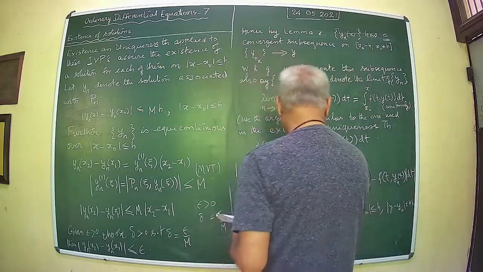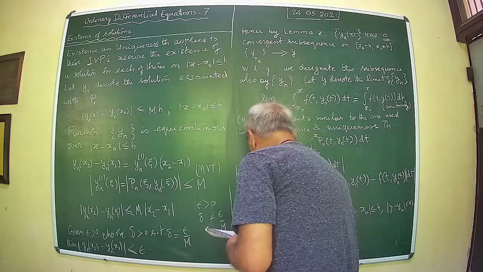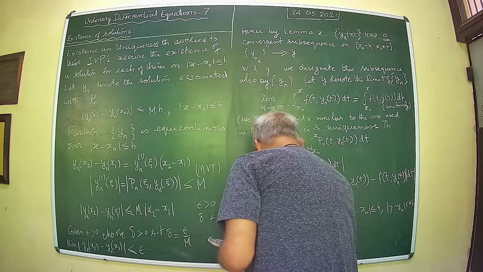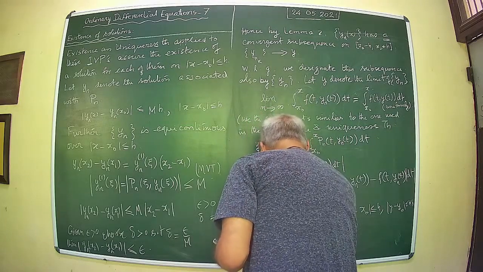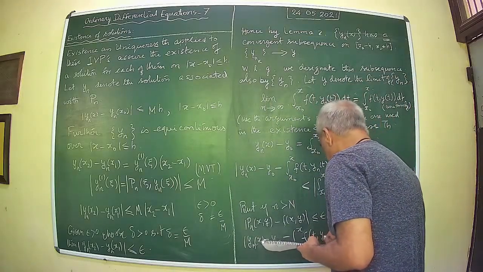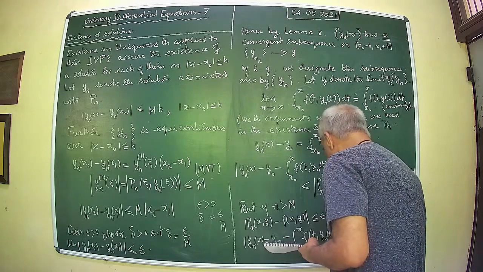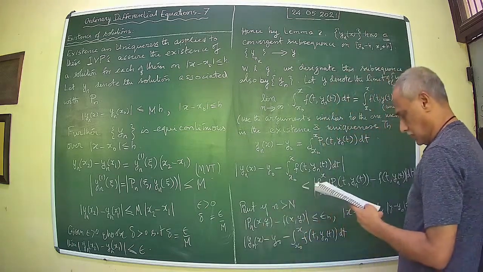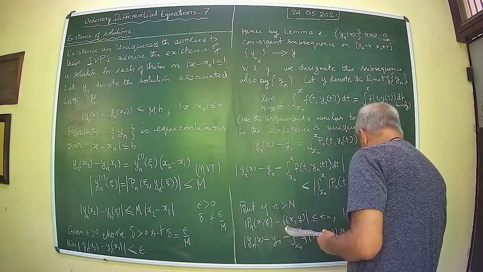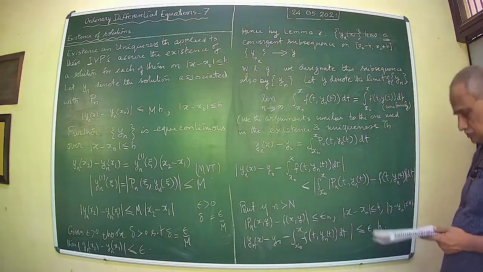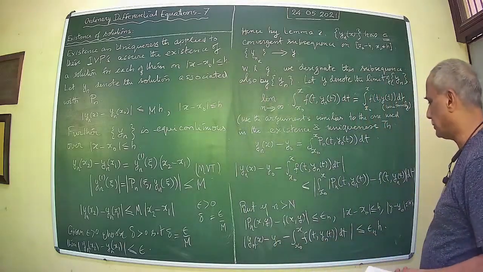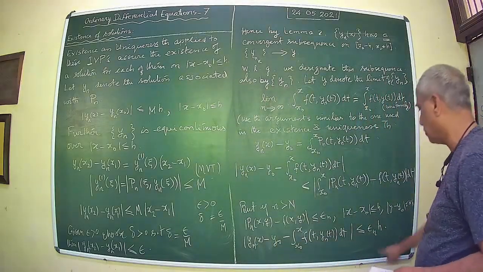Therefore, you see that this is less than or equal to epsilon n into h. Now what you do is you let epsilon n go to, sorry, n go to infinity.